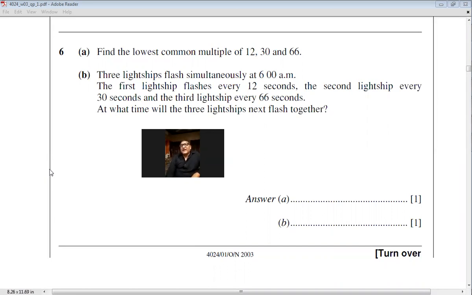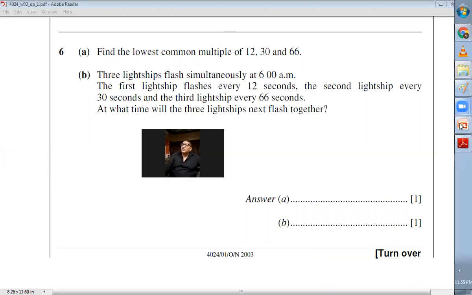So I know after how many seconds they flash. So I will find out their LCM of 12 seconds, 30 seconds, and 66 seconds. We have already found their LCM.